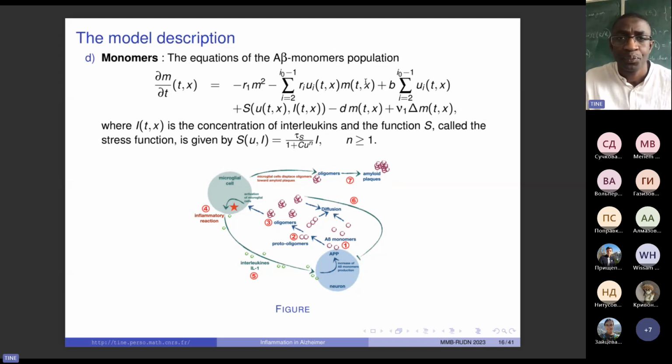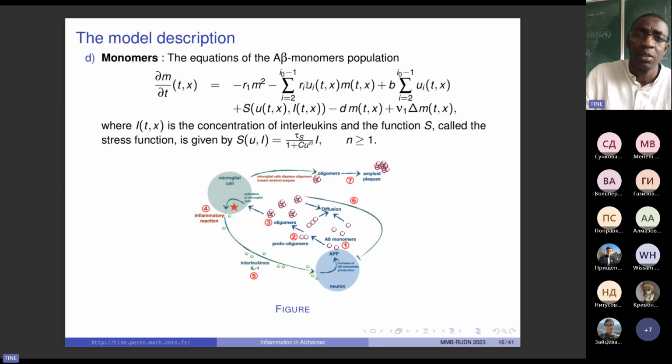So here we have a loss term due to the fact that when a proto-oligomer of size i gains a monomer, because all the proto-oligomers can gain monomers, that's why we have the sum. The maximum size of proto-oligomers is I0 minus 1, so we do the sum from 2 to I0.